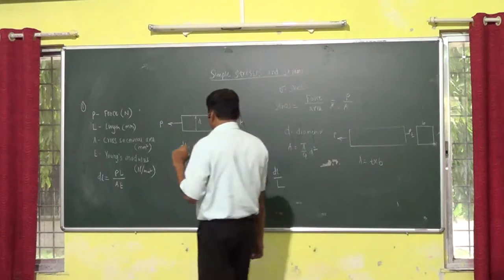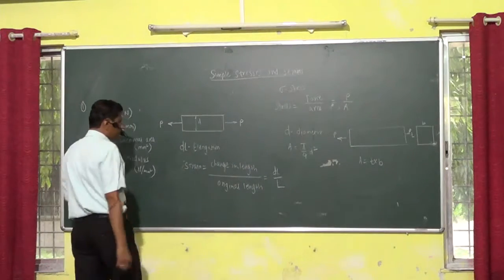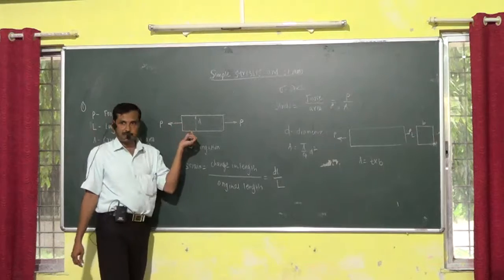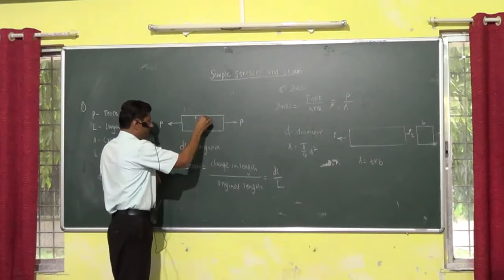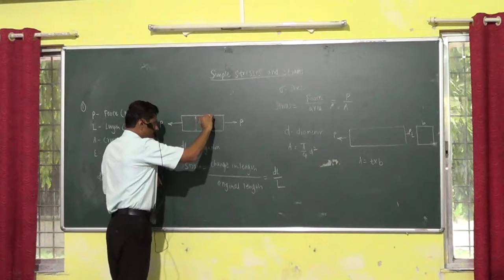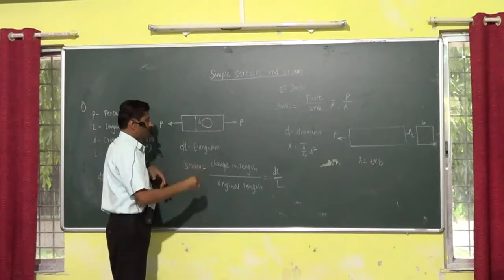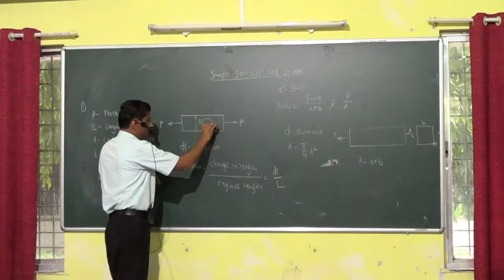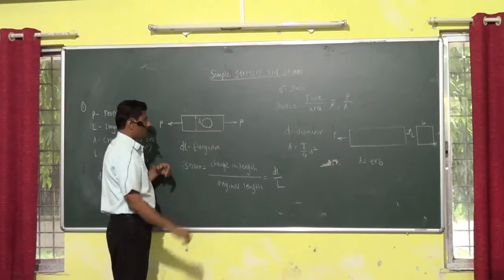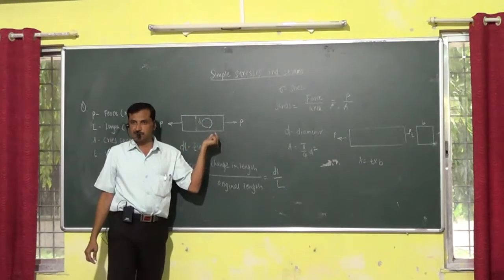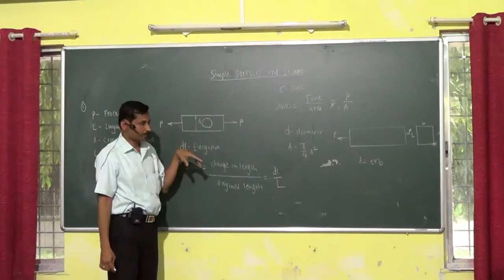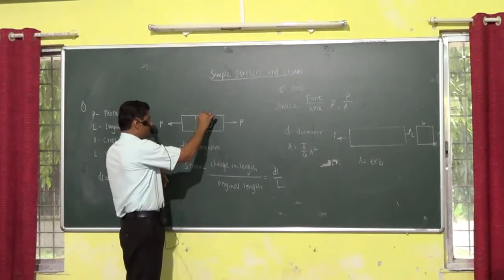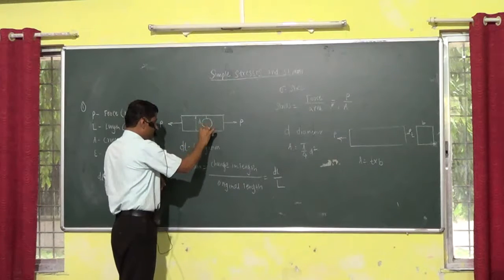In that, variety may be in terms of if suppose cross-sectional area is changed, or in this bar if I am making any round hole, and if it is asked to identify the stress as well as strain in that particular round bar, then we will have to consider the reduced area.